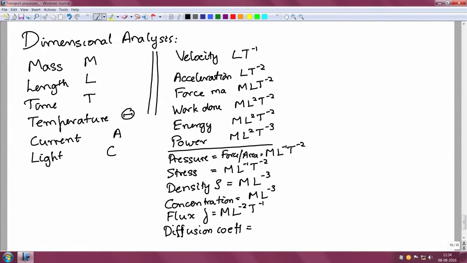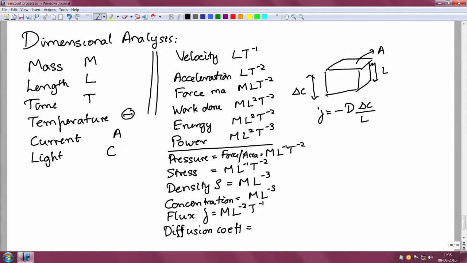Which states that if I have some volume of fluid, of area A and length L, across which there is a difference in concentration delta C, then the flux that results will be equal to minus the diffusion coefficient times delta C by L, where flux is the mass transported per unit area per unit time.